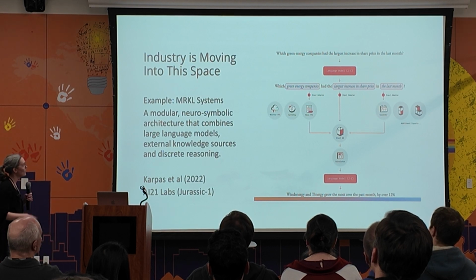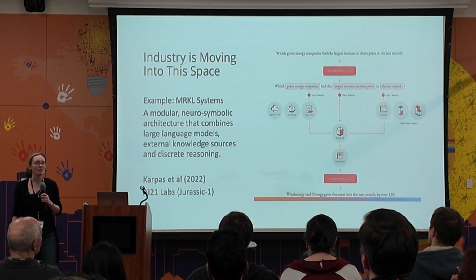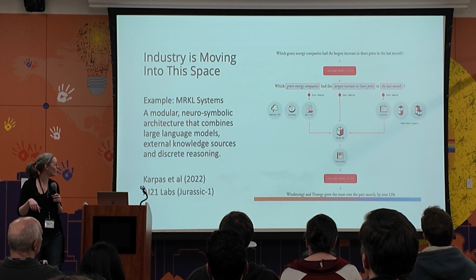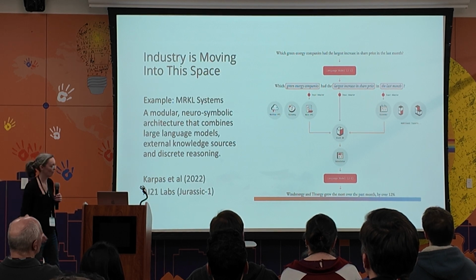So they developed their MRKL system, which is a modular neurosymbolic architecture that combines large language models and discrete reasoning with knowledge sources. This was, as far as I know, before GPT-4 came out. And they wanted to find ways to deal with the weaknesses that people were seeing in large language models.